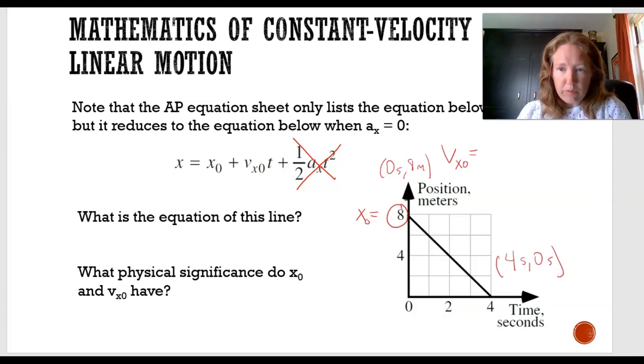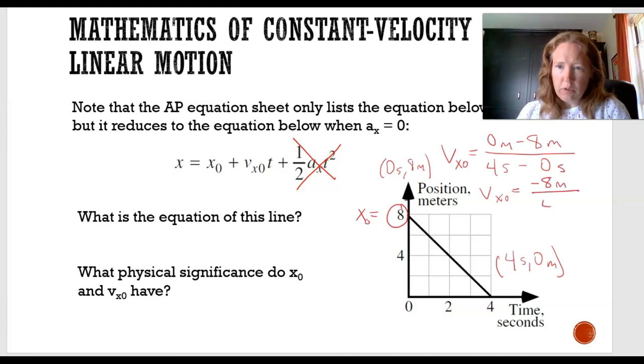So then when I do the slope formula, y2 minus y1 over x2 minus x1, I'm going to get a slope of -8 meters over 4 seconds, or -2 meters per second.